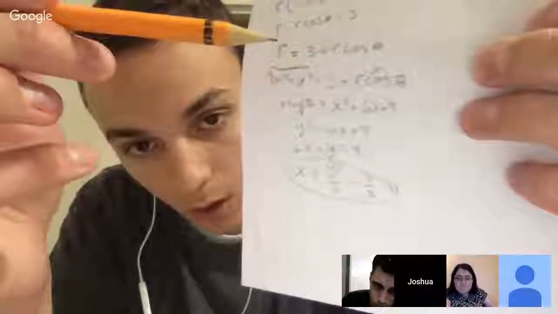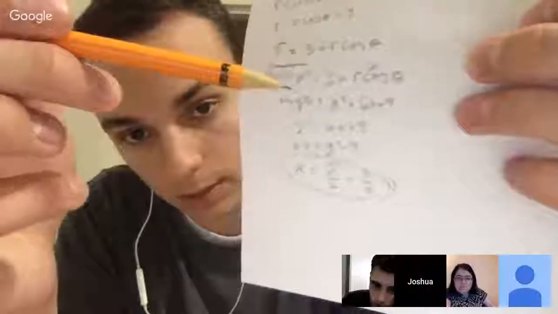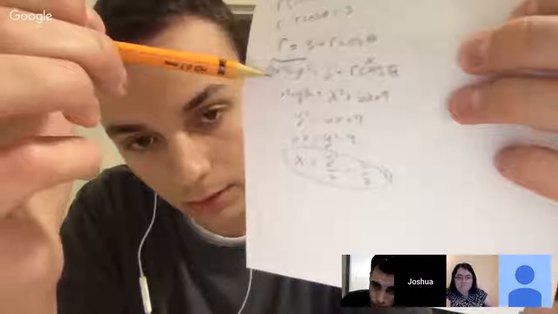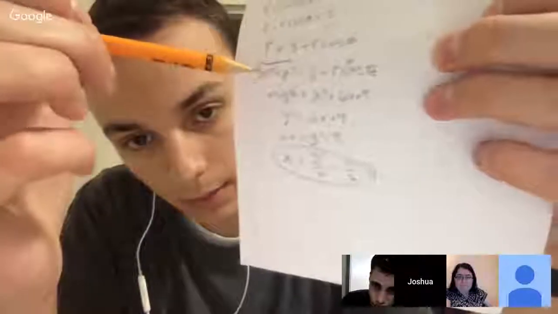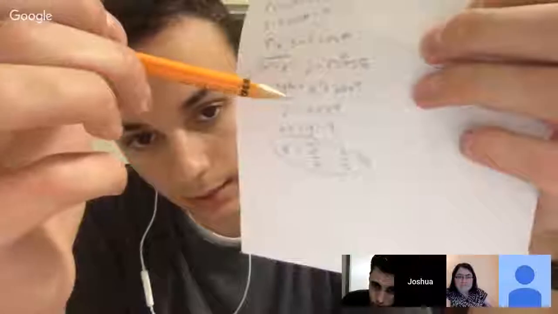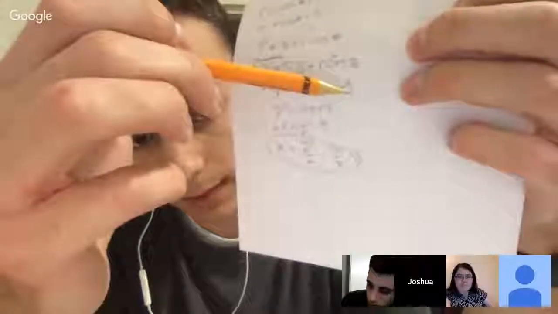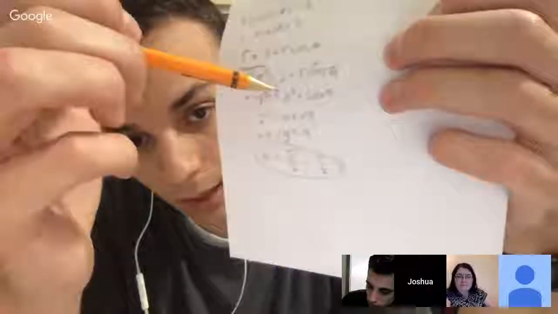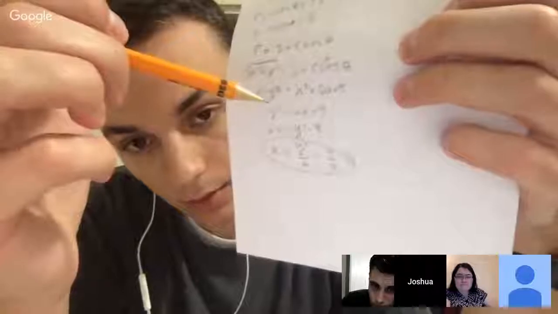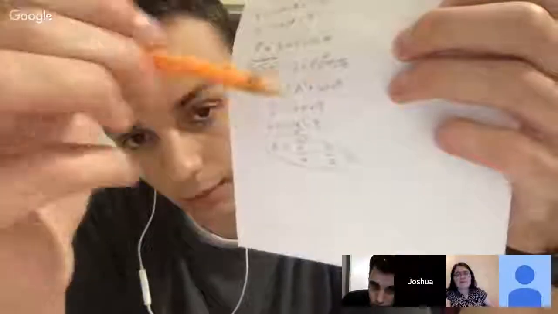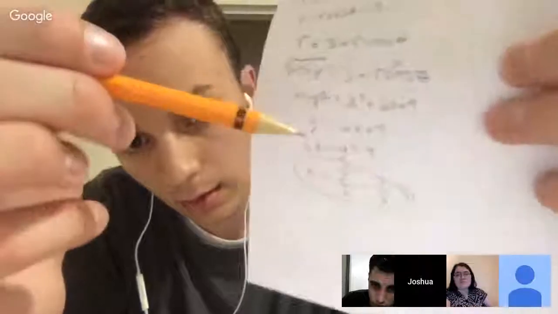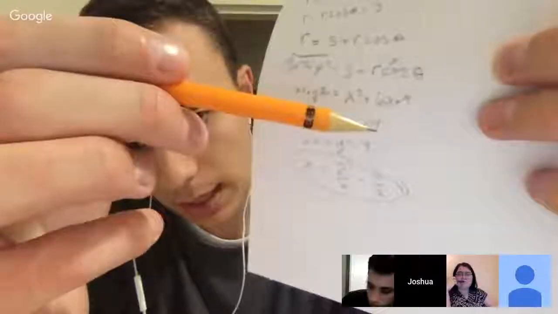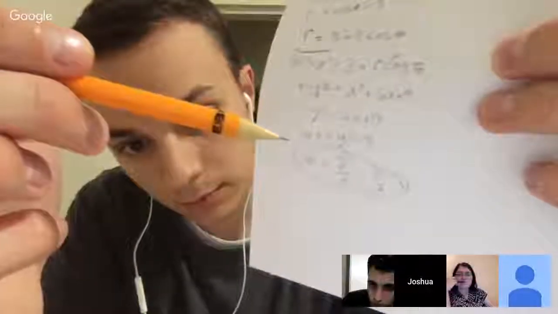Then you switch. So r equals the square root of x squared plus y squared. So you replace it on this side of the equation, and then to get rid of the square root sign, I squared both sides. So then x squared plus 6x plus 9 is just x squared plus y squared. And then the x squareds cancel out if you subtract from both sides, so you're just left with y squared equals 6x plus 9.